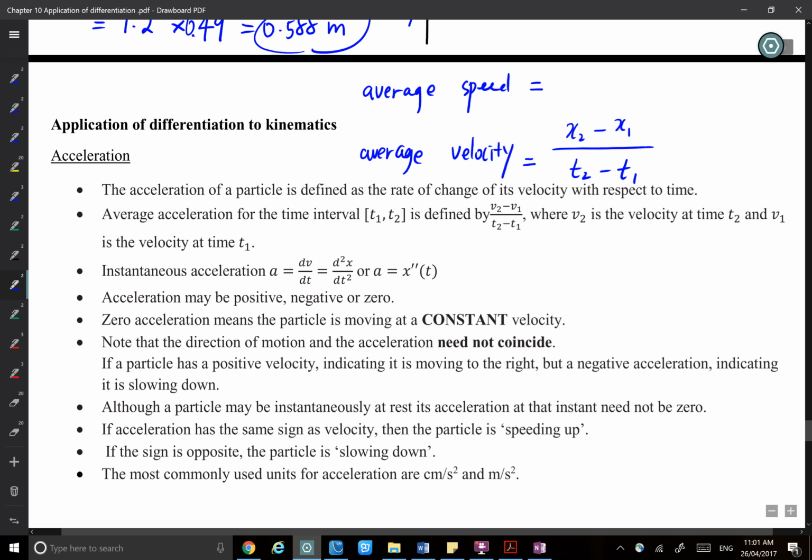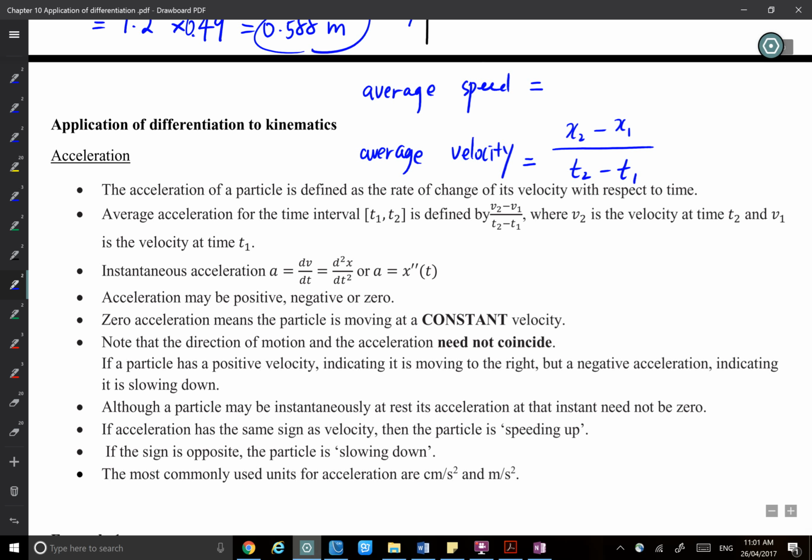So average velocity is not adding the velocities together and dividing by how many velocities you have. It must be the change in displacement. Okay, x2 means the displacement at time 2, and x1 is the initial displacement at the beginning. You subtract them and that gives the displacement change between time 1 and time 2. So the change in displacement divided by the change of time will give you the average velocity.